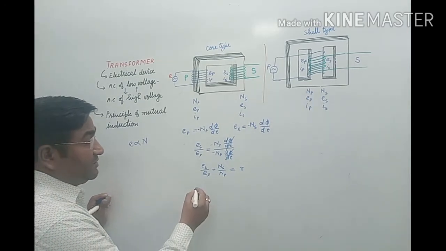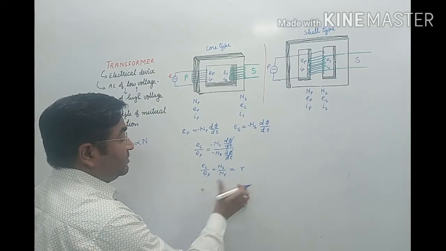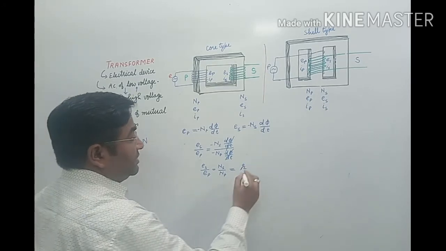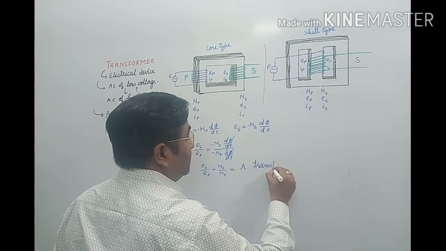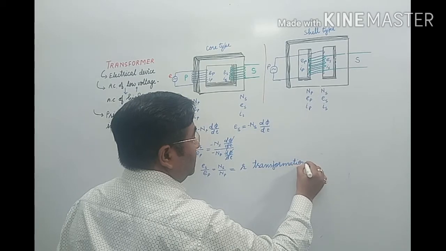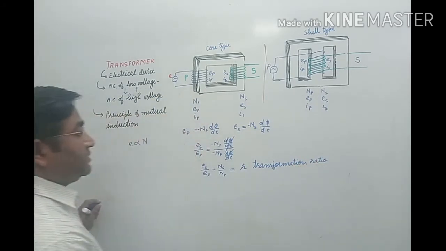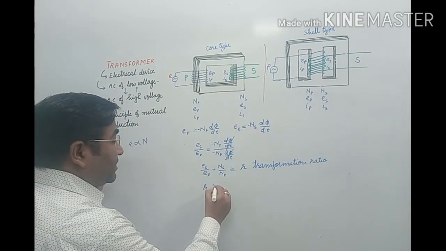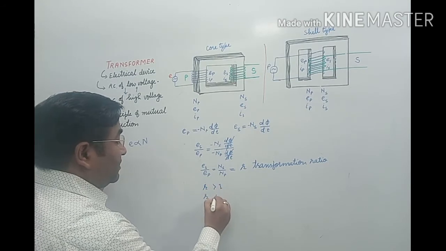This r is the transformation ratio. From here, consider r greater than 1 and r less than 1.